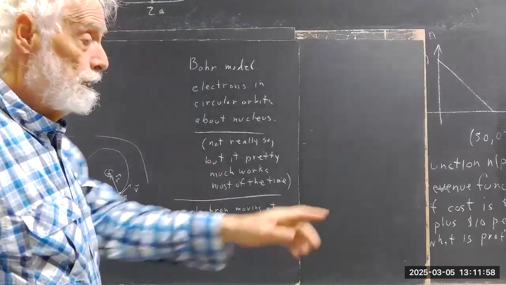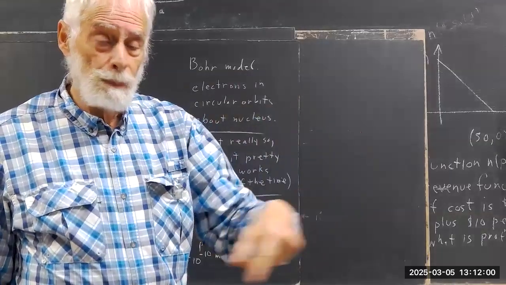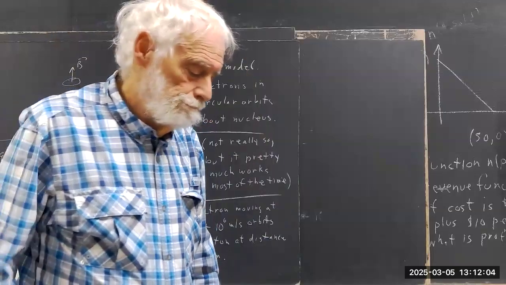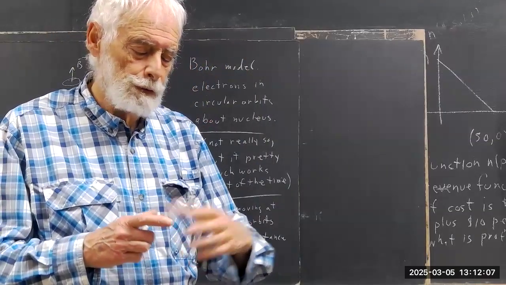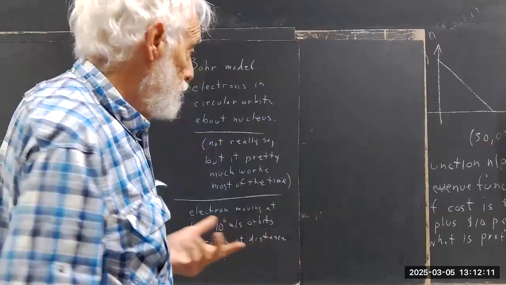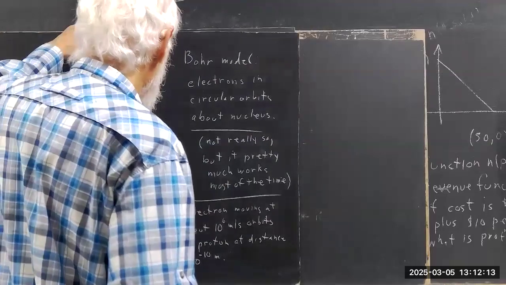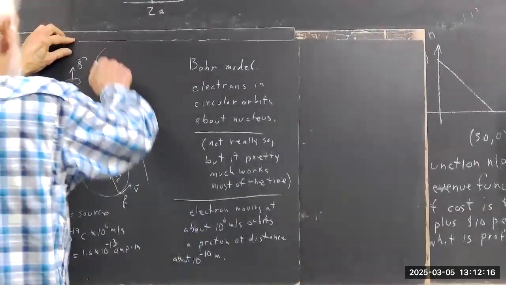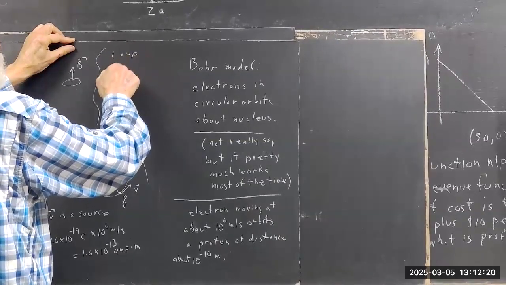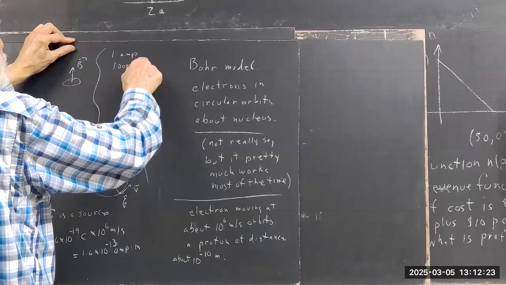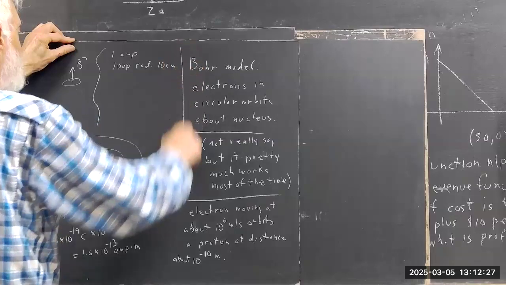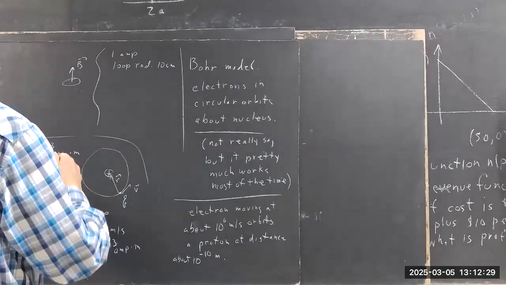If you have a current loop, we're getting current of say 1 amp through a loop of radius 10 centimeters, let's say. You can work out that. So let's just look at what that would be. That's a pretty big loop.